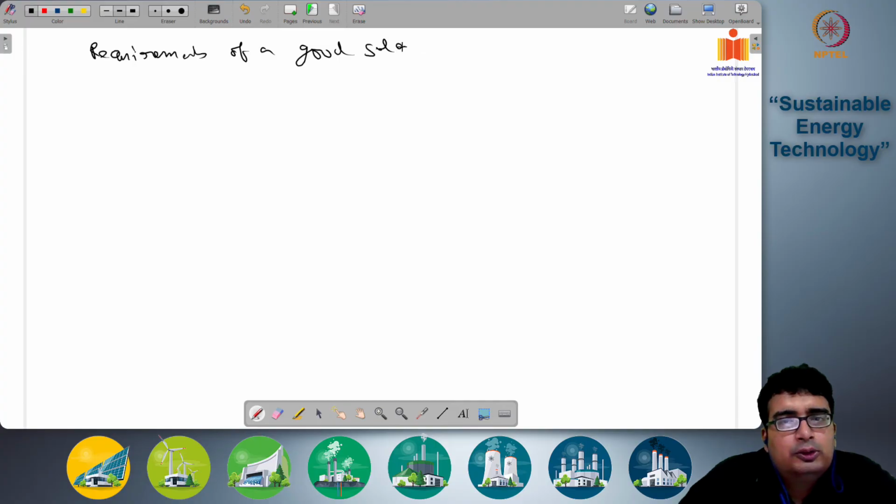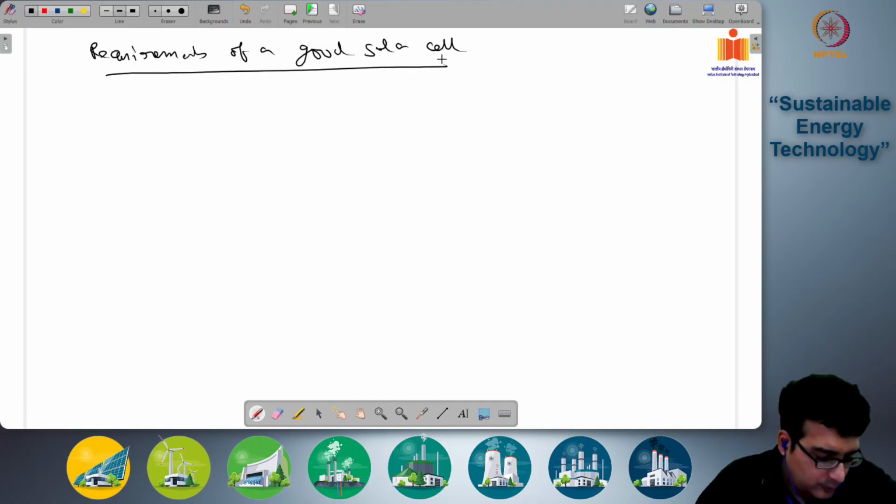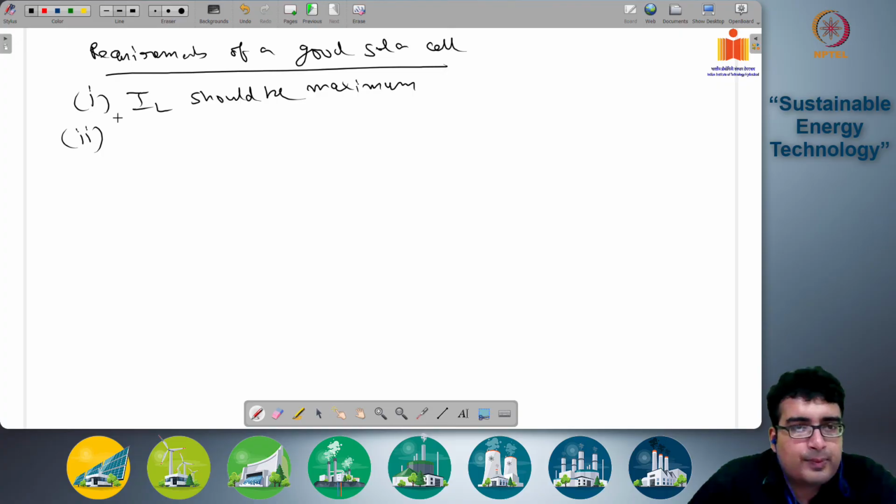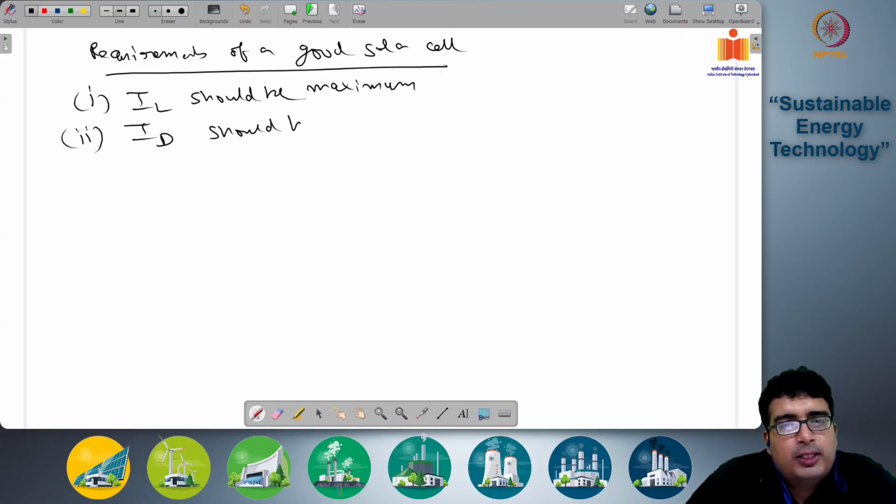Good solar cell. Based on this analysis, the light current IL should be maximum. The dark current ID should be minimum.